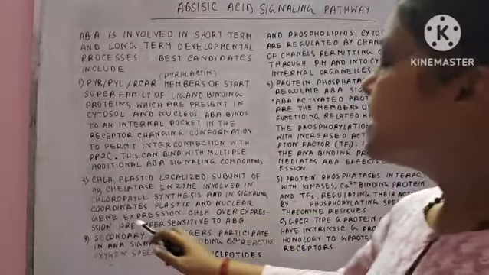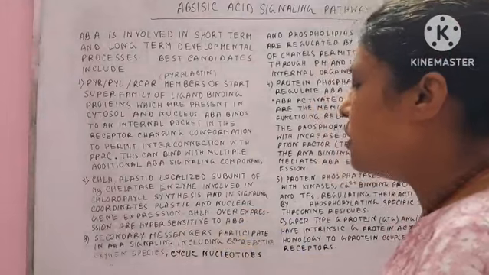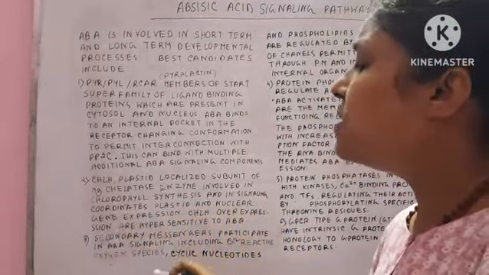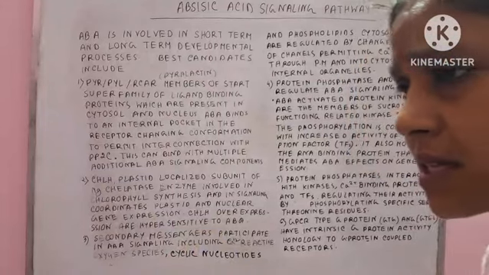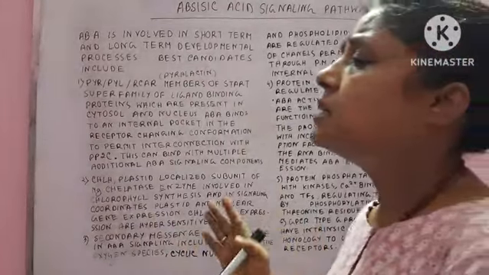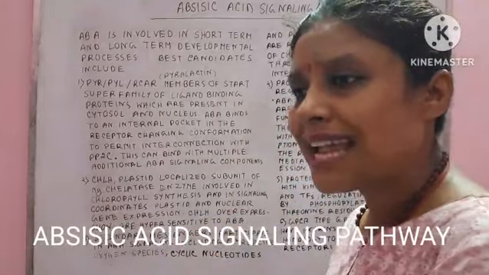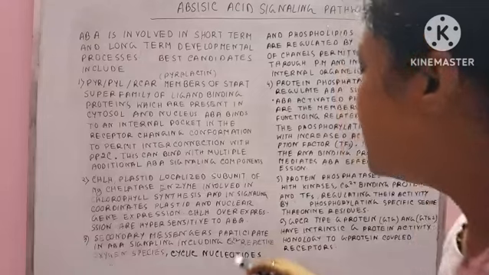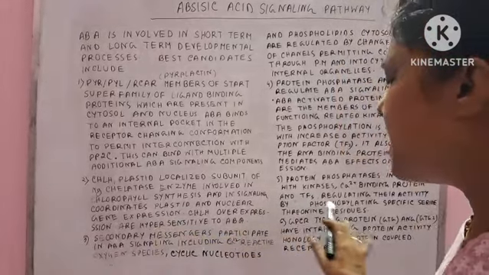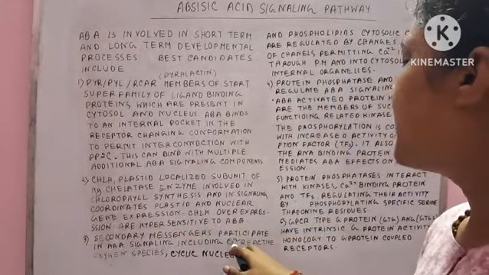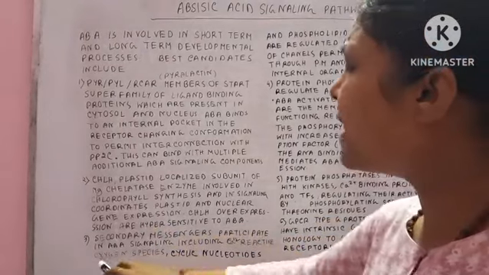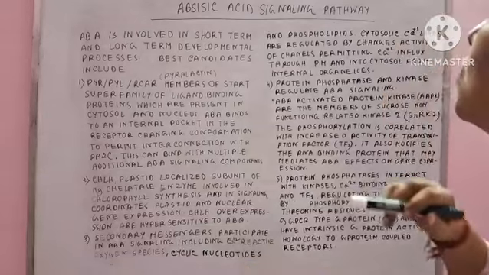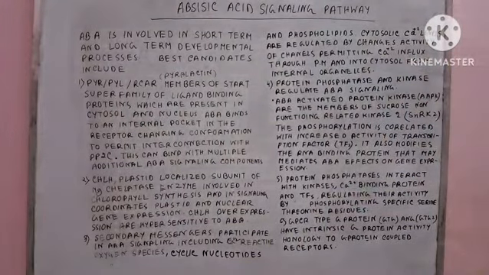Next, secondary messengers are involved in this ABA signaling process. Here two kinds of processes are seen: either the process is dependent on calcium or independent of calcium. There are many secondary messengers. First are calcium, reactive oxygen species or ROS, cyclic nucleotides, and phospholipids.